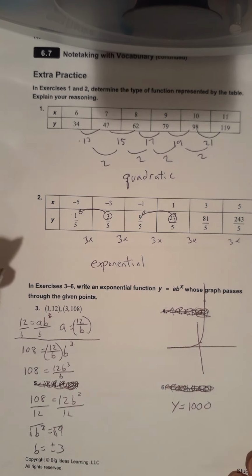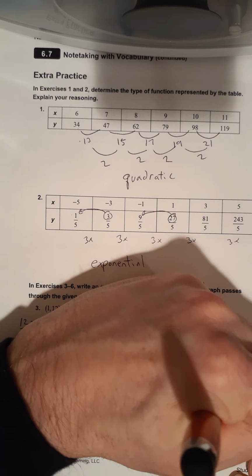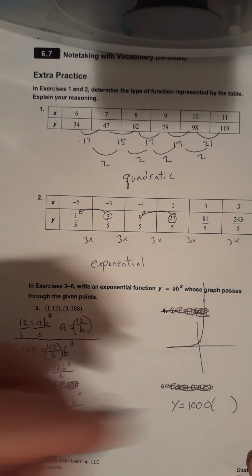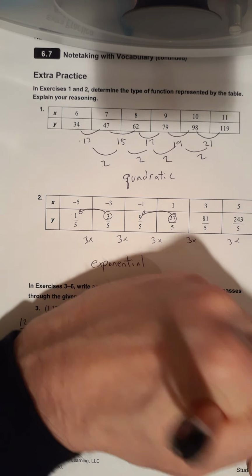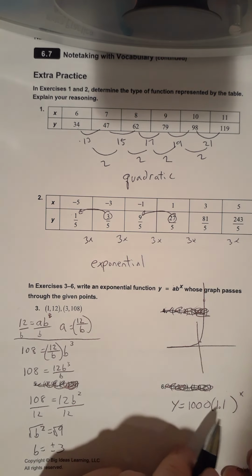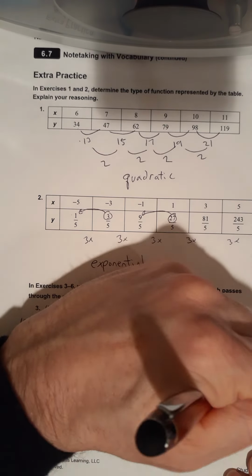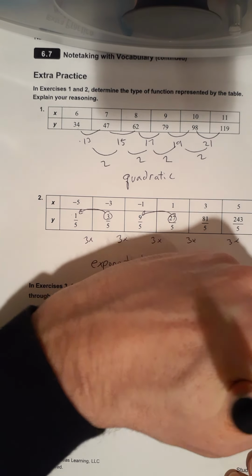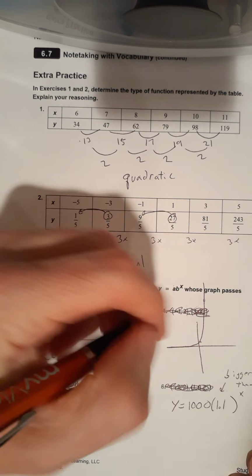I'm just totally making up something right now. And then it was going to grow by 10%. It would be like 1.1 here, right, to the x. And so because this number is bigger than 1, it's going to be growth.